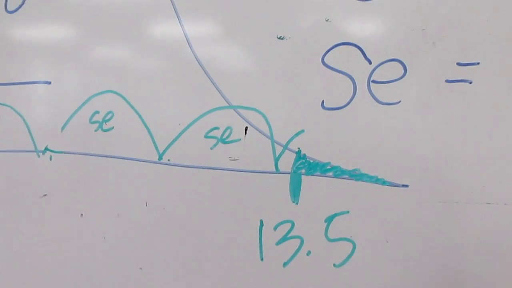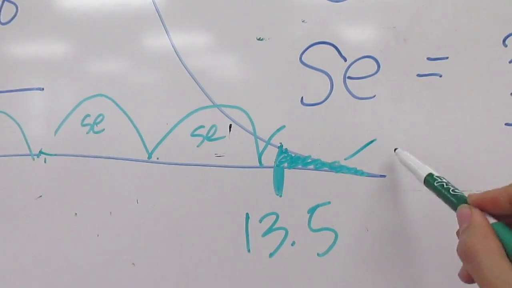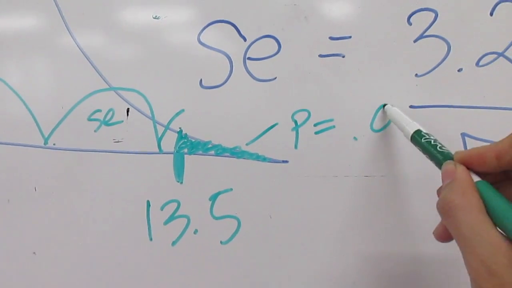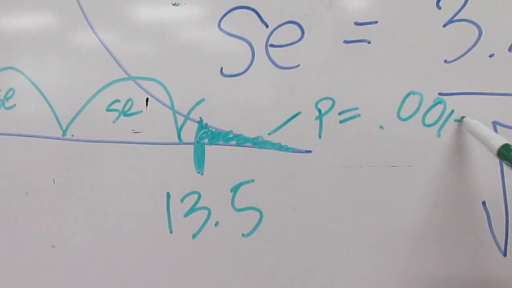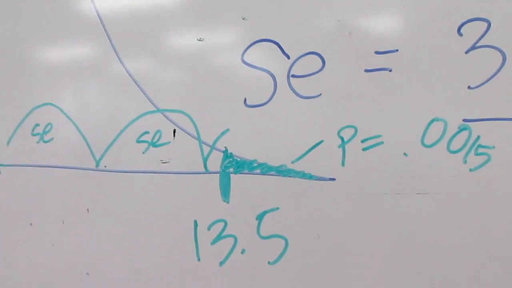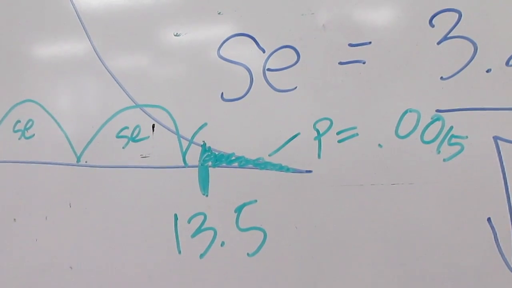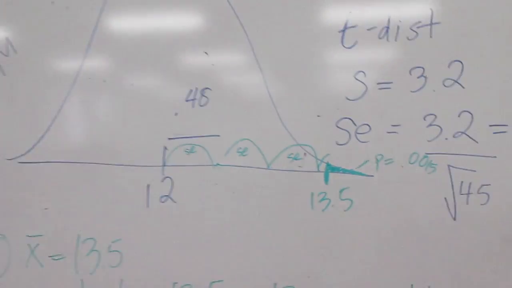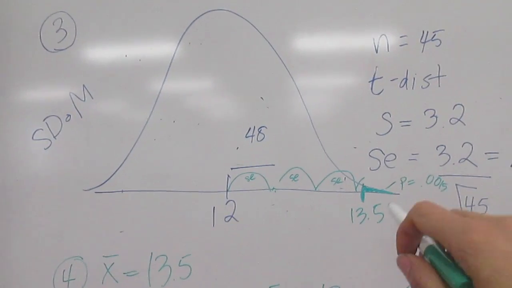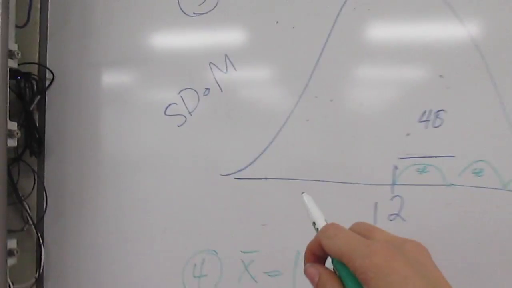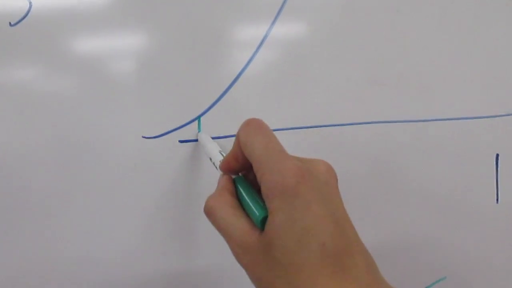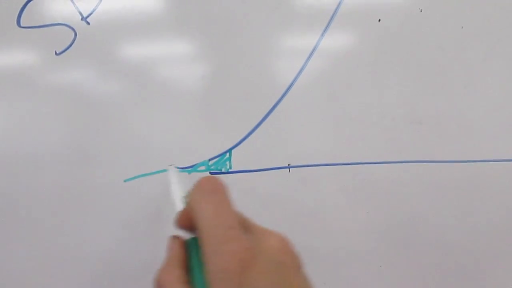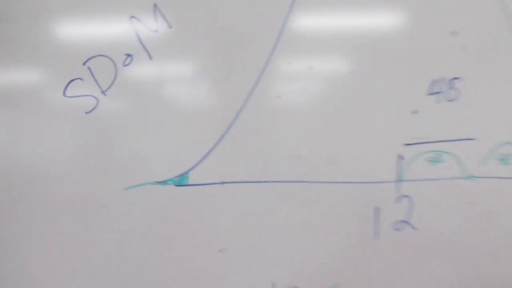This little area, right? And you get an area, a p-value of 0.0015. Now, SPSS will give you a 2-tailed p-value. That means it's going to take that and also give you the symmetric distance on this side, the area that's symmetric on this side, and just add them together.